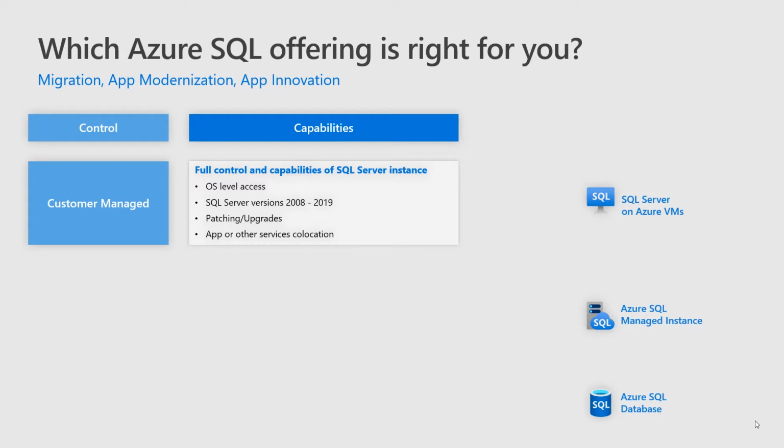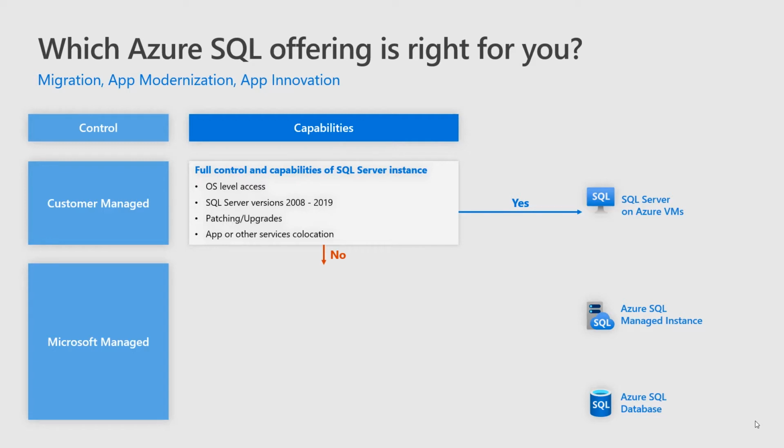So if you need OS access, or if you really need to stay on the previous versions of SQL Server, perhaps because of third-party software provider requirements, if you want to choose which upgrades and which patches to apply, or if you need to collocate your application with your database or any other services like SSRS, SSAS, SSIS, then most probably SQL on VM is your service, and you will still get benefits like automatic updates and security patches.